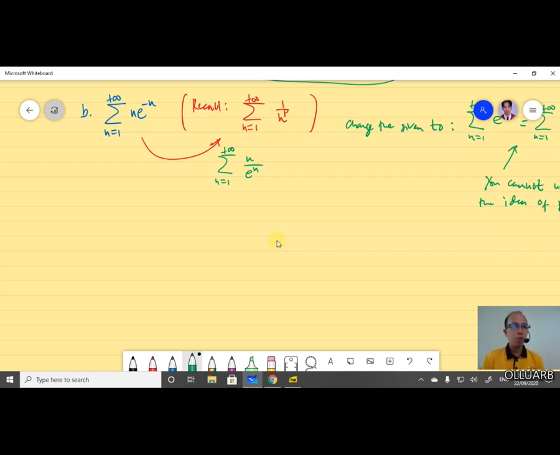Maybe later, if we remember this problem, we will try to solve this given using other tests. So let's have a solution.